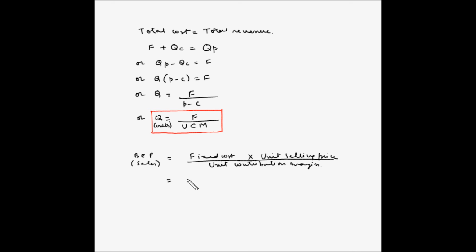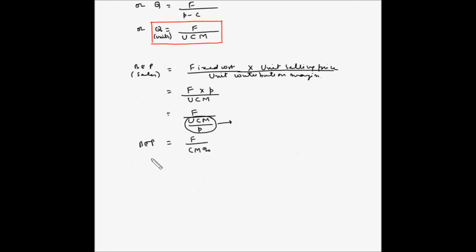So this is equal to F multiplied by P divided by the unit contribution margin, or F divided by unit contribution margin divided by the unit selling price. This is the same as the contribution margin ratio or the contribution margin percentage. So F divided by CM percent is the break-even point in terms of sales.